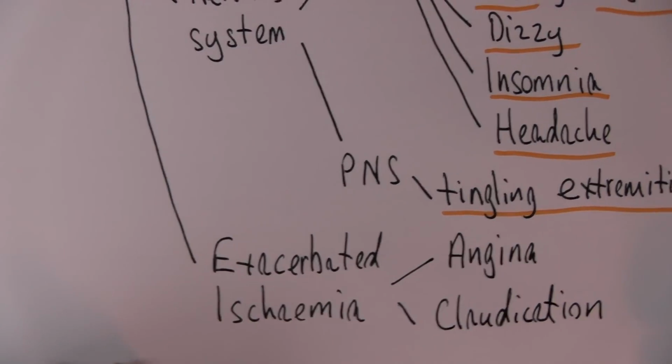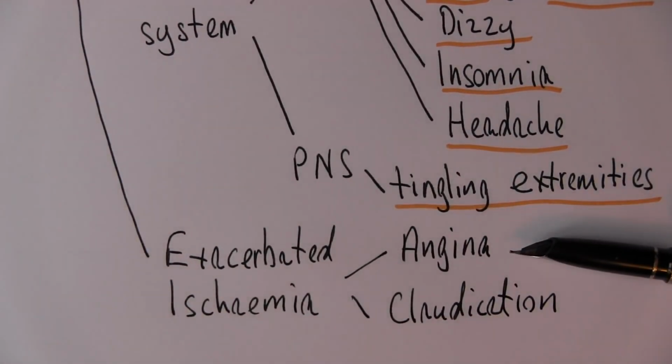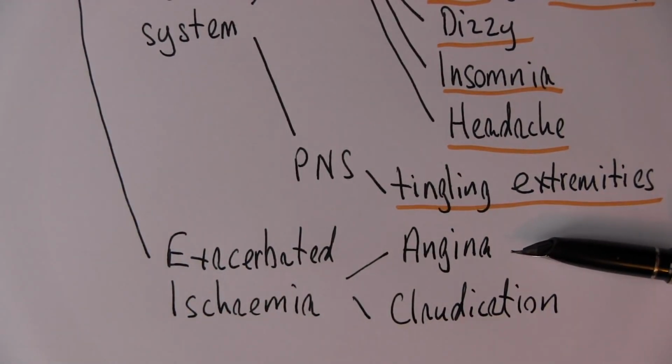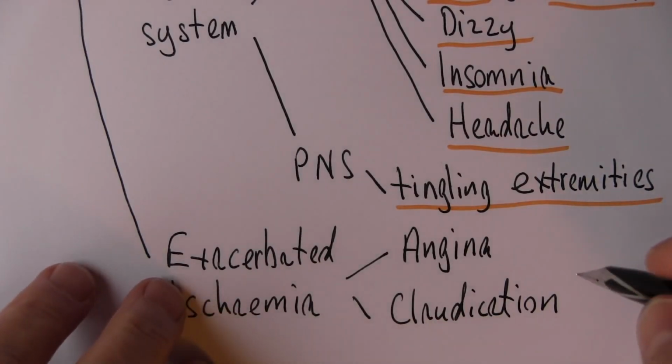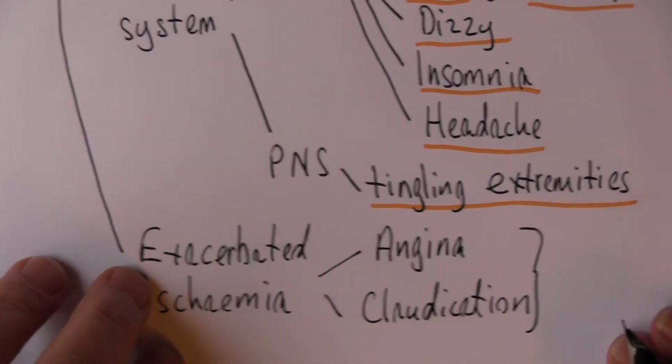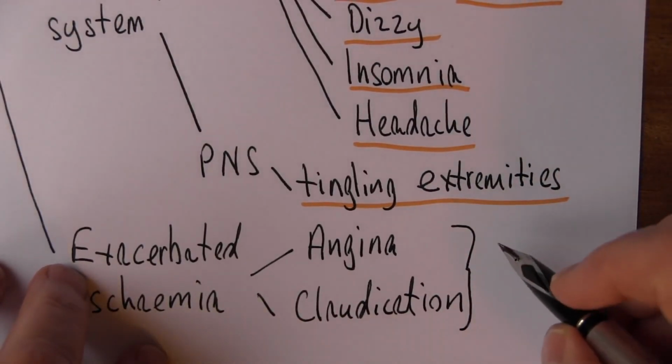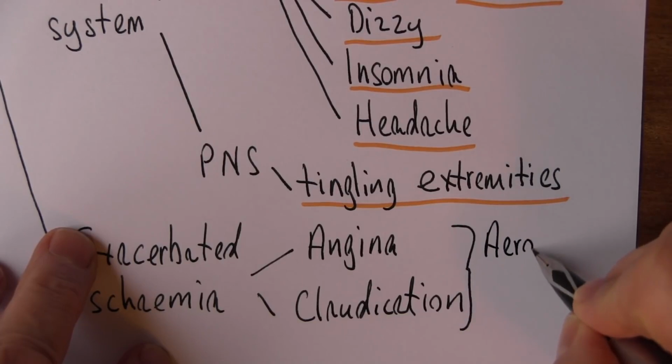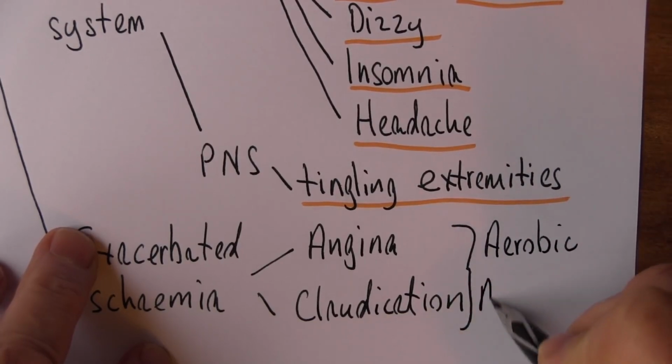These are made worse. So angina is the pain caused by myocardial ischemia, usually caused by atherosclerosis of the coronary arteries. And if the myocardium is hypoxic, then the metabolism can change from aerobic to anaerobic. And it's the same with claudication, which I'll explain in a minute. So basically the metabolism in these ischemic hypoxic tissues changes from aerobic to anaerobic.